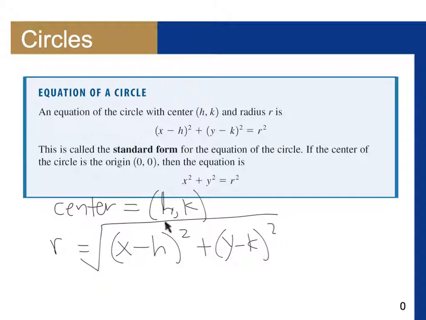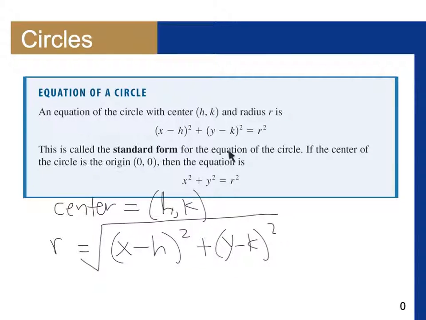Well, we generally don't write it with the square root, so if we square both sides of this, we get the equation of the circle. We get r squared equals (x minus h) squared plus (y minus k) squared, where our center is (h, k) and our radius is r, and x and y are variables. They're all the possible points on that circle.